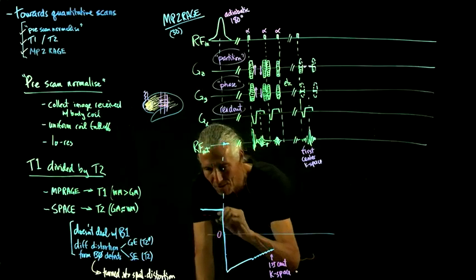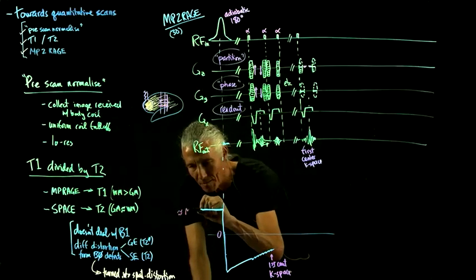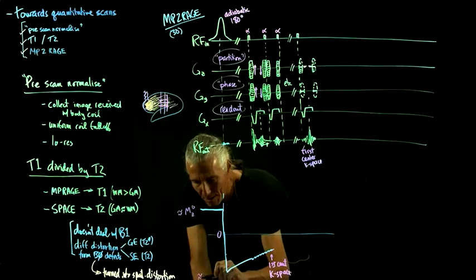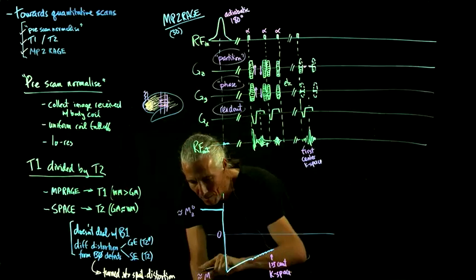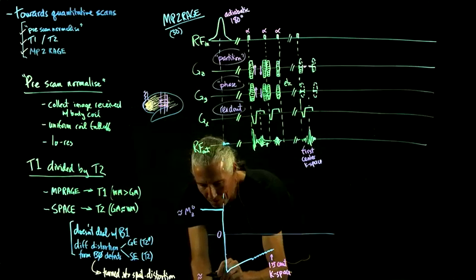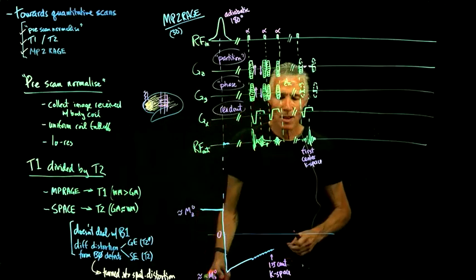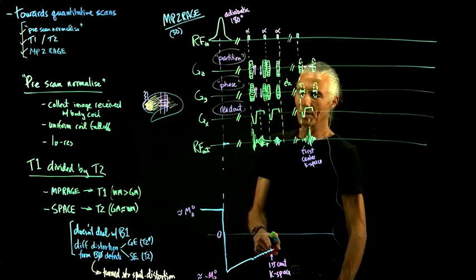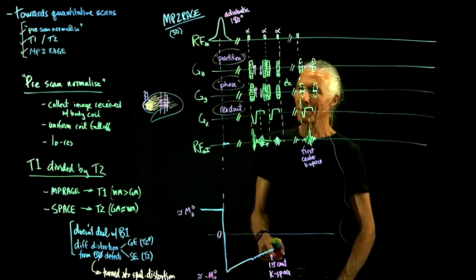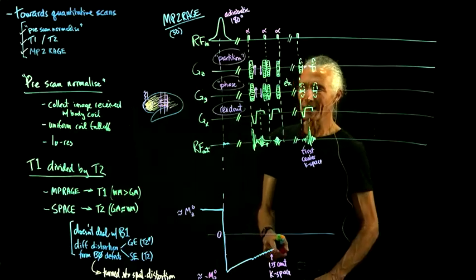So there's 0, this is about MZ0, and this is about minus MZ0. Since this is relatively soon afterwards and we haven't really recovered, we're going to get something that looks like a proton density weighted scan.